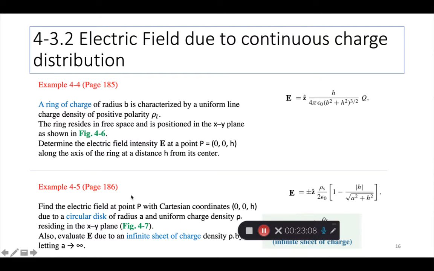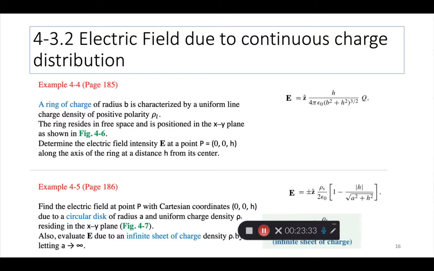Similarly, take a look at example 4-5, where he talks about a circular disc, not just a ring, but a whole disc. That disc is charged, it has a certain surface charge density, and again, how do you find the intensity of the field at a given point perpendicular to the surface of the disc?